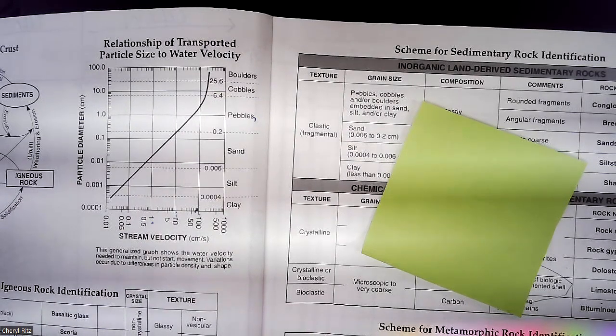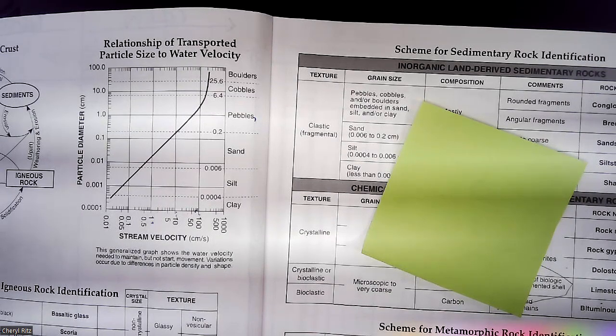But the rest of the graph should be pretty new. So let's start with the title. Relationship of transported particle size to water velocity. Guys, what's water velocity? The speed of the water. Now, normally we do speed in miles per hour. This one is in centimeters per second. So remember how big a centimeter is?